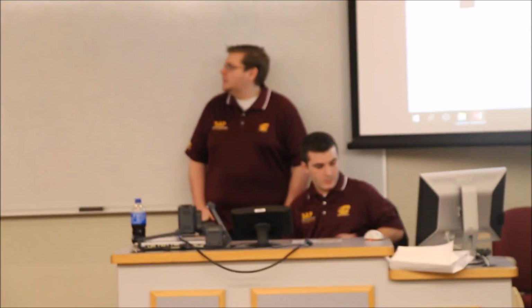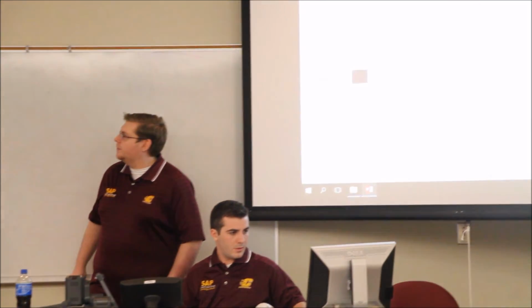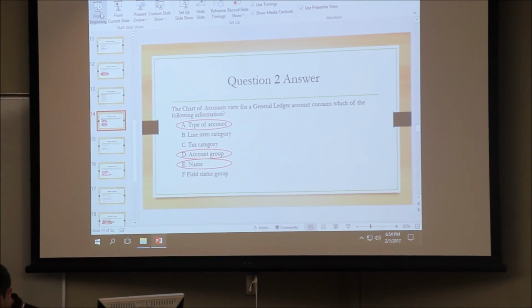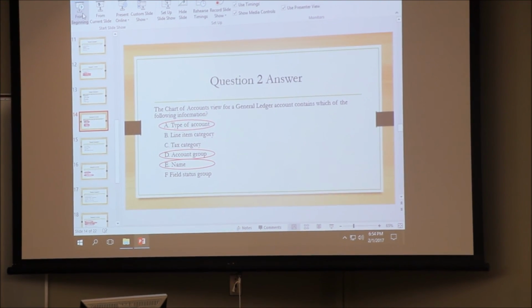All right, does anybody have any questions on the presentation or anything related? It's kind of a short presentation. I have a question. If the name means the account name, what's the difference between the type of account and the name? The type of account is whether it's an income statement account or a balance sheet account.